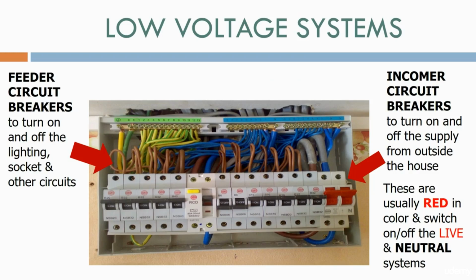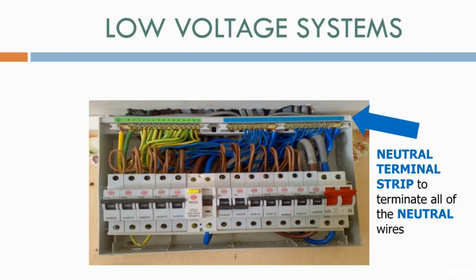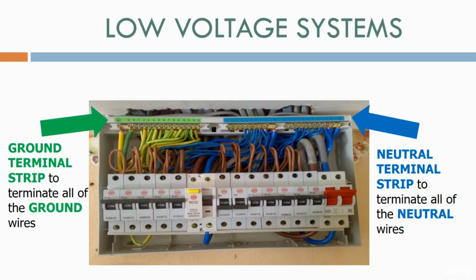Feeder circuit breakers to turn on and off the lighting, socket and other circuits. These normally switch the live feed only. A neutral terminal strip to terminate all of the neutral wires. And finally, a ground terminal strip to terminate all of the ground wires. You will find all of these basic elements in any house consumer unit.